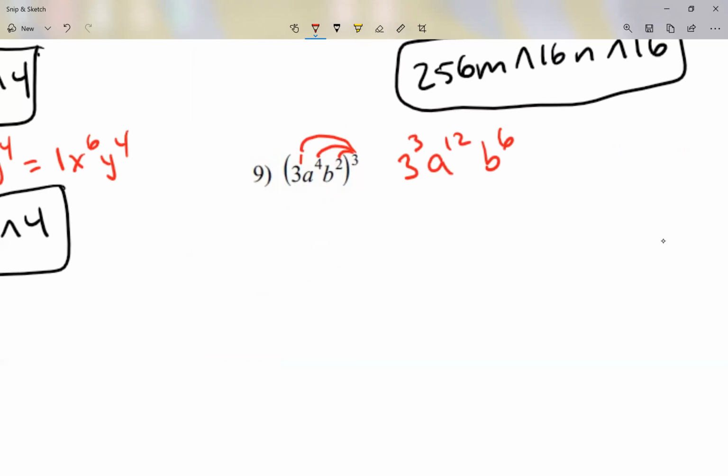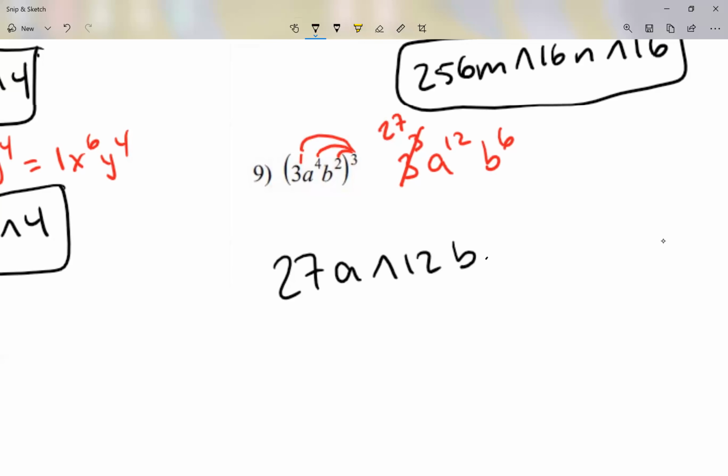The exponent on the outside gets multiplied to the exponents on the inside. Now, 3 to the 3rd, I know that's 27, right? 3 times 3 times 3. That's 27. So my answer will be 27, a to the 12th, b to the 6th.